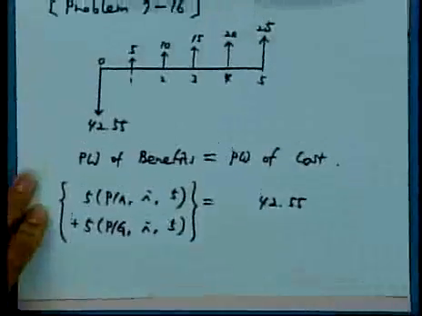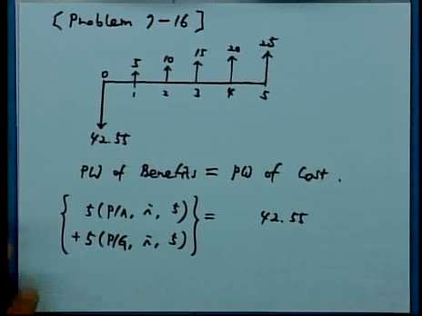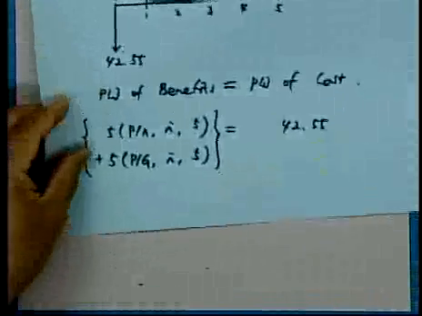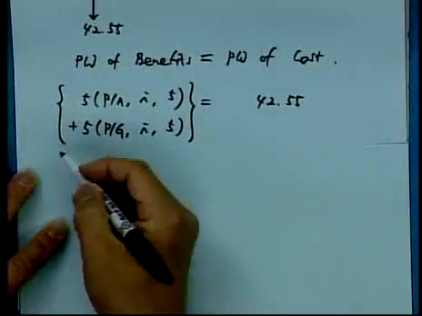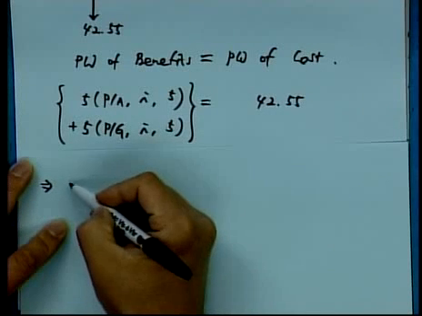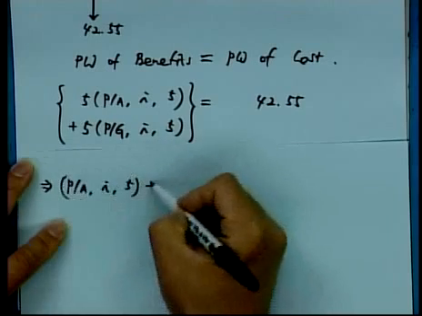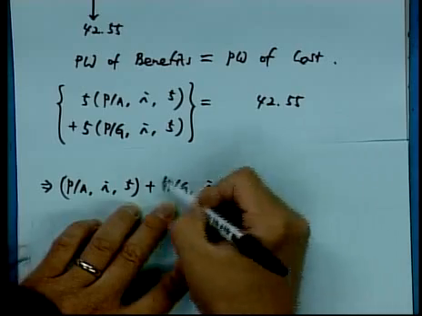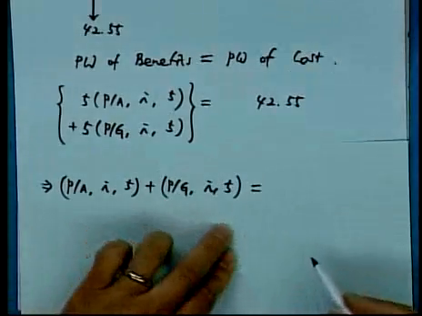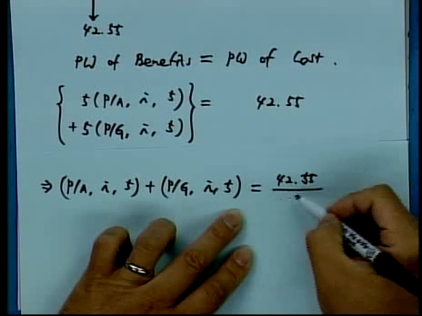So we need to solve this equation. So here, what you have is P given A, I over 5 periods, plus P given G I over 5 period is equal to 42.55 divided by 5.